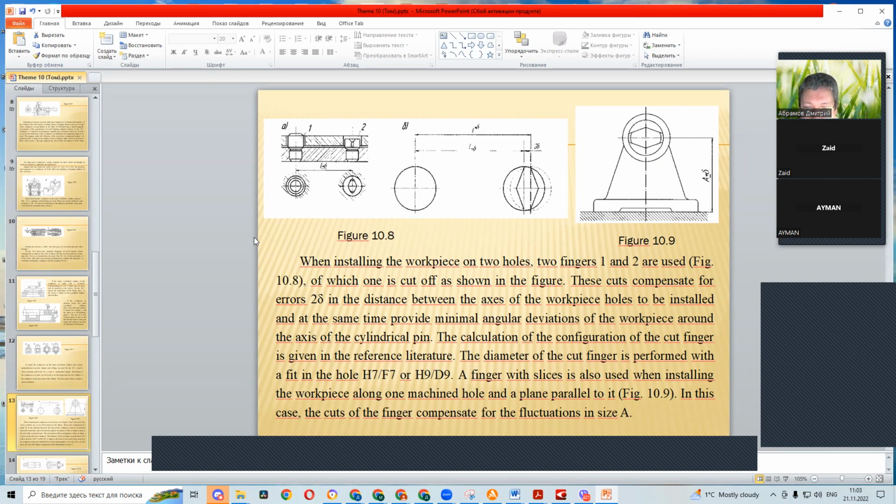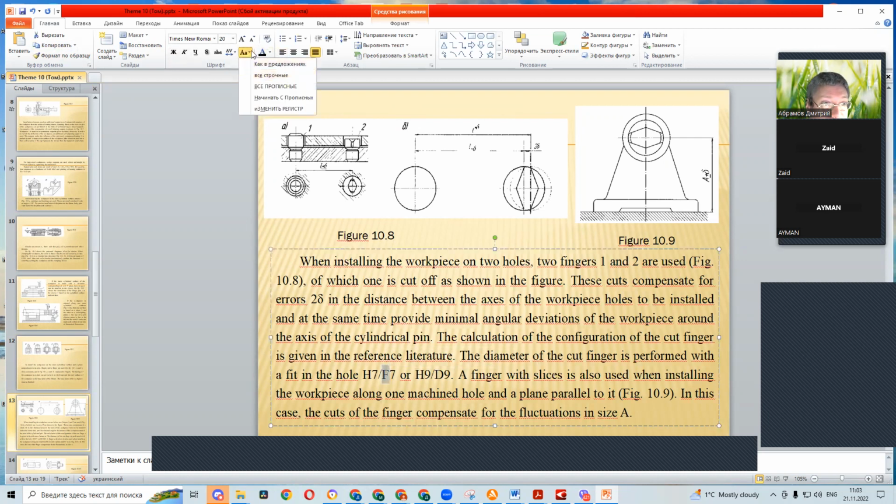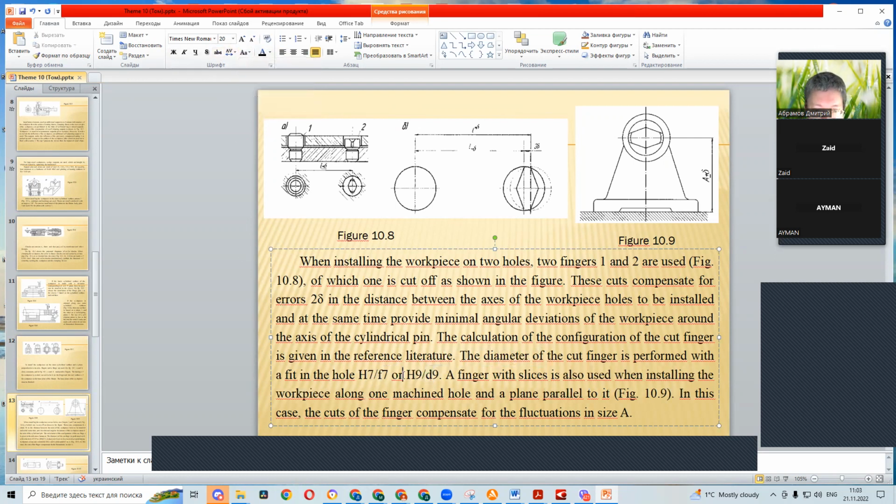The diameter of the cut finger is performed with a fit in the hole H7 by f7 or H9 by d9. Only its letter must be small. Above the line are the parameters of the hole, where a big letter is used.